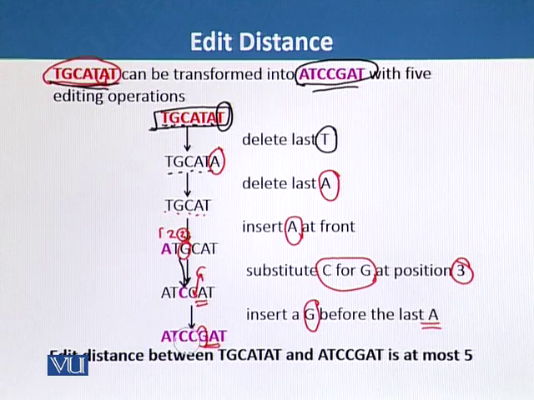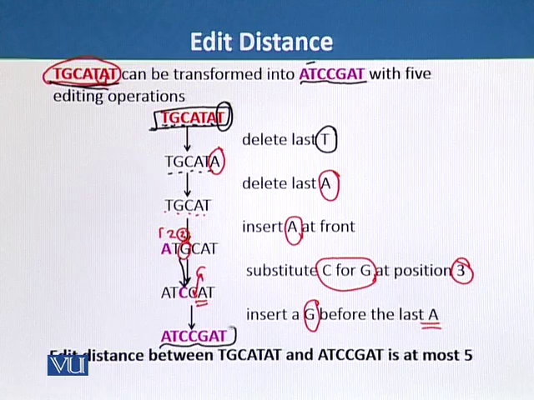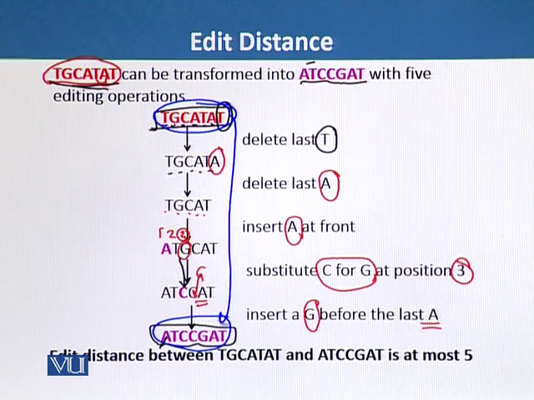If we look very closely, we will see that we have come up with the same sequence, ATCCGAT, and we have again reached ATCCGAT. So we started from here and ended up here, and we transformed this sequence into this sequence. By using many editing processes, we have come up with this, and this is called the edit distance.